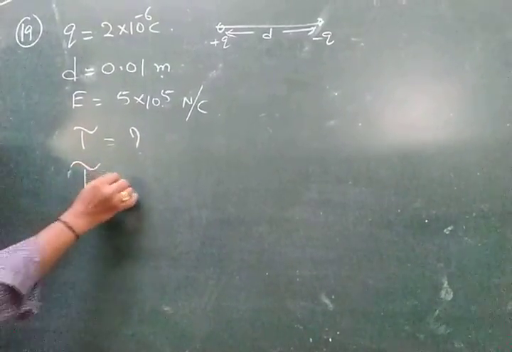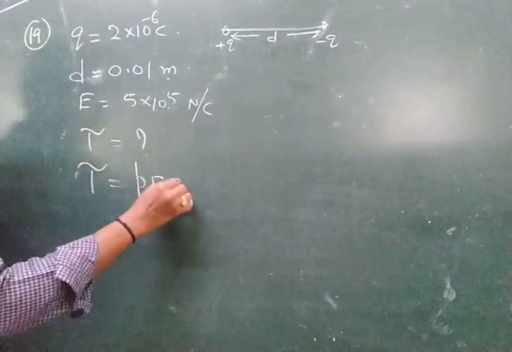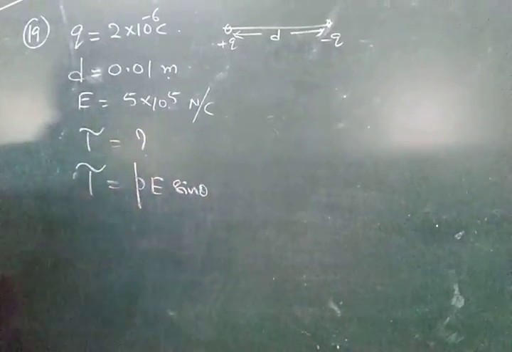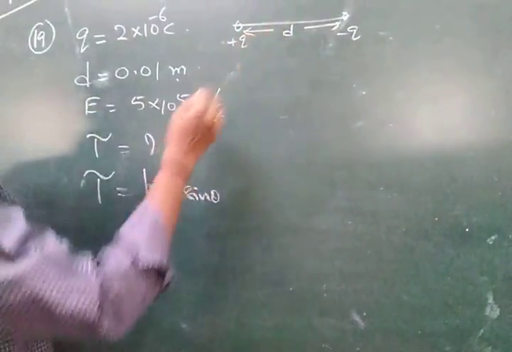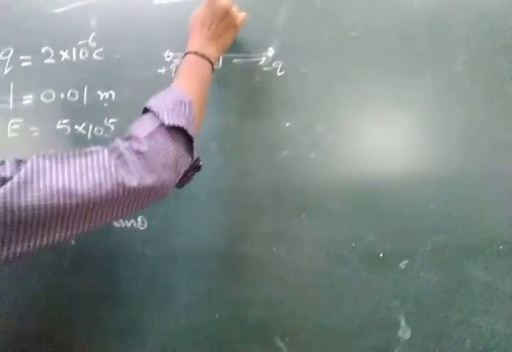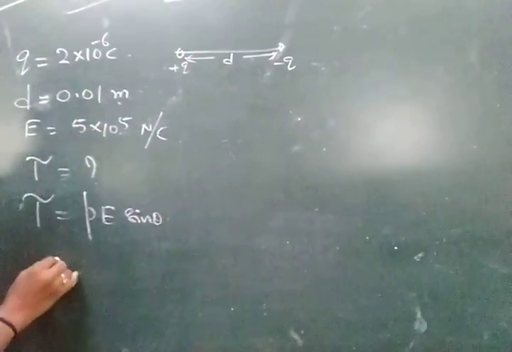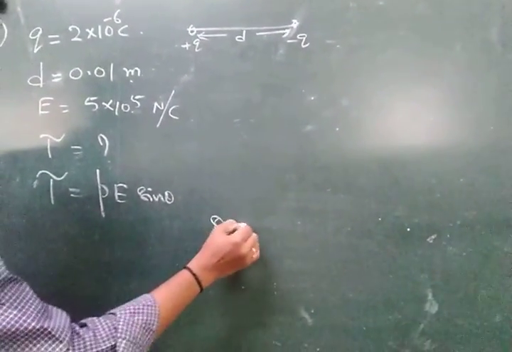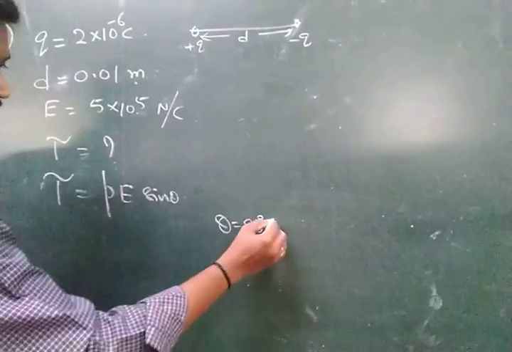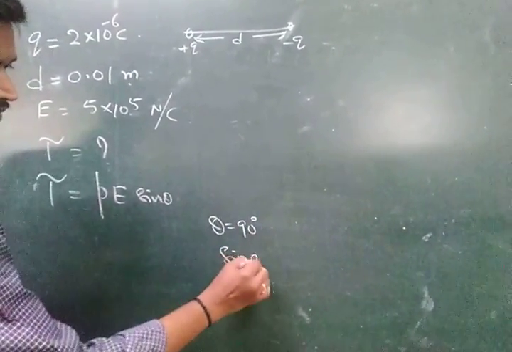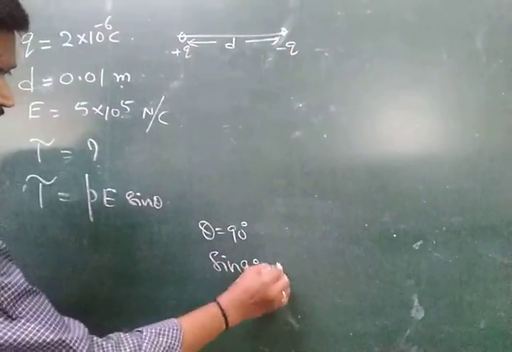We need the maximum torque experienced by the dipole in the field. Torque is equal to p E sine theta. Whenever the dipole is perpendicular to the electric field, it experiences maximum torque, theta is 90, and sine of 90 is equal to 1.